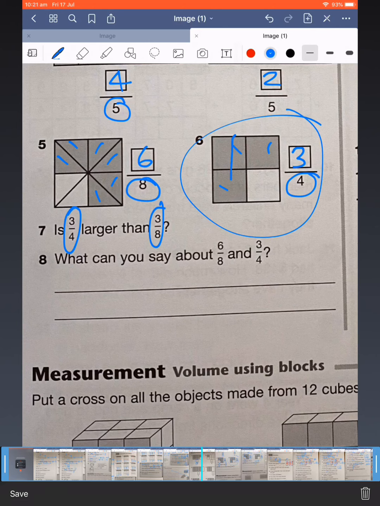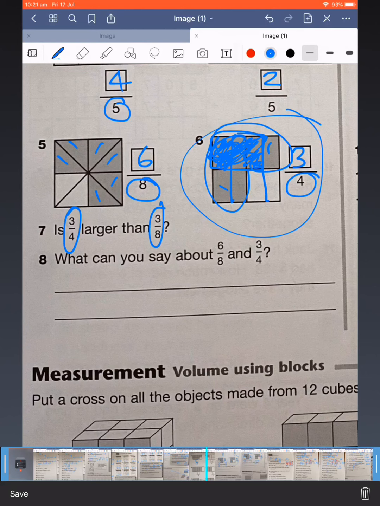You've got 1, 2, 3, 4, 5, 6, 7, 8 here, and you're only to shade 3 of them. It would only be this much shaded. So the 3/4 would shade this much, and the 3/8 would just shade this part. Okay, so then that means which one's larger?